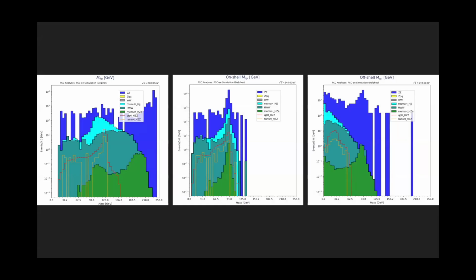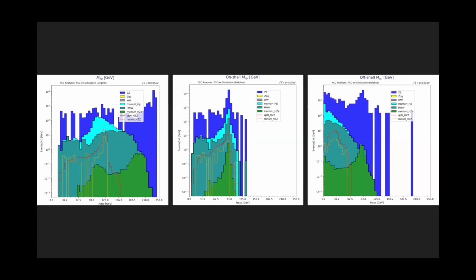So we can see here the fermions mass, Z resonance mass, and Z non-resonance mass, which are the on-shell and off-shell, and we can see a peak at the Z boson mass, which is approximately 91. The on-shell is a narrower peak around the Z boson mass, and the off-shell is broader and mostly distributed at lower energies.